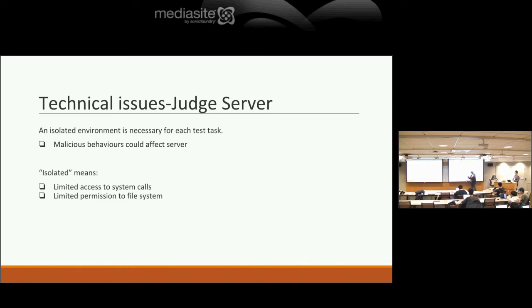But here is another problem. The chroot function would not really work under the root account, so we have to create another user, a judge user, in the judge server. Basically, our judge server runs under a newly created account rather than the root account. In this way, we believe our judge server could somehow get away from some malicious behaviors.